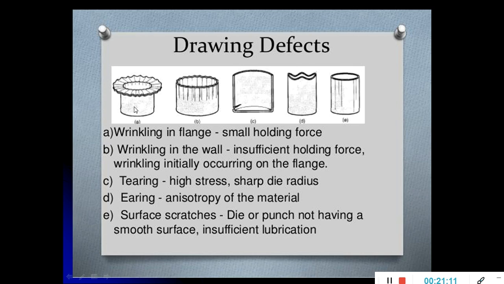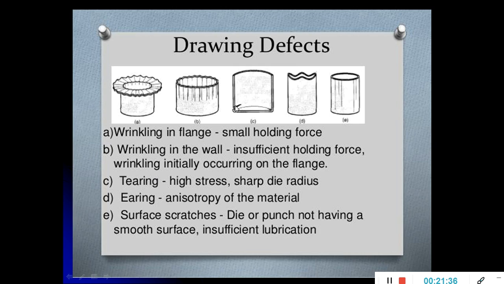Whenever you are drawing the product through the drawing operation, the holding force should be sufficient, and it should be very high. Otherwise, wrinkles may form on the flange and on the wall of the workpiece, known as wrinkling in the flange and wrinkling in the wall. Then the third one is tearing.